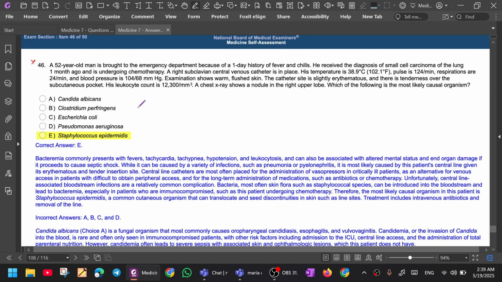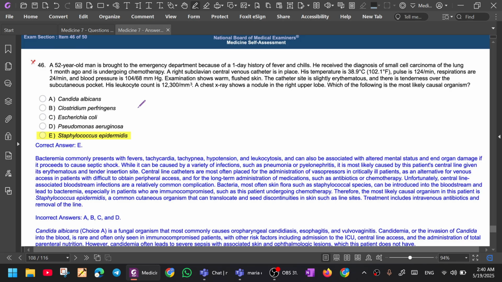Bacteremia commonly presents with fever, tachycardia, tachypnea, hypotension, and leukocytosis, and can also be associated with altered mental status and end organ damage if it proceeds to cause septic shock. It can be a variety of infections such as pneumonia or pyelonephritis.